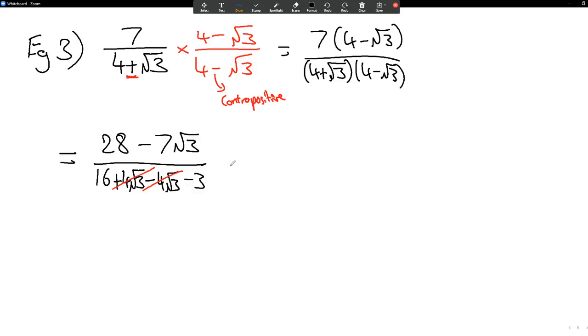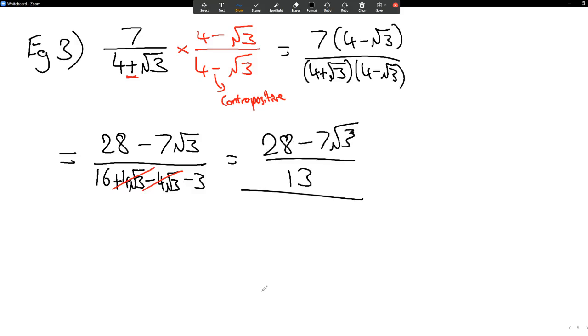So what we can do is write it without the surds on the bottom, and 16 minus 3 is just 13. And there you go. And remember, we're still only dividing by 1 because 4 minus root 3 over 4 minus root 3 is equal to 1.